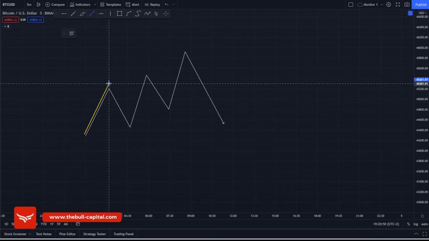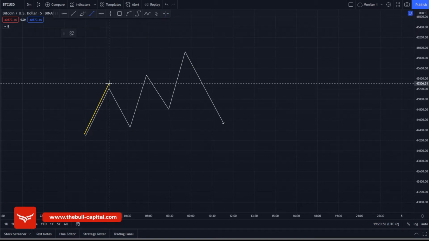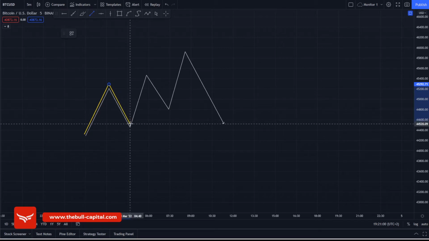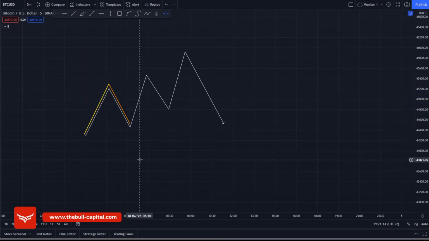When the price stops moving higher, it will start going lower, and this is a swing low. I will change the color for the swing low to orange.